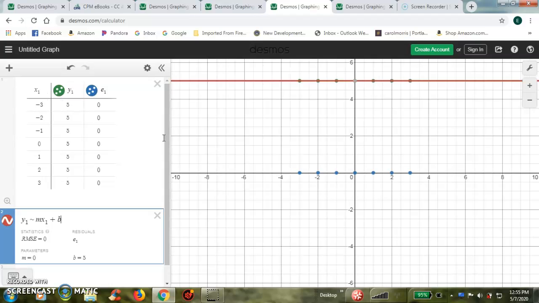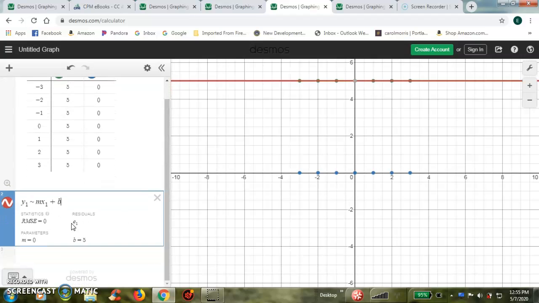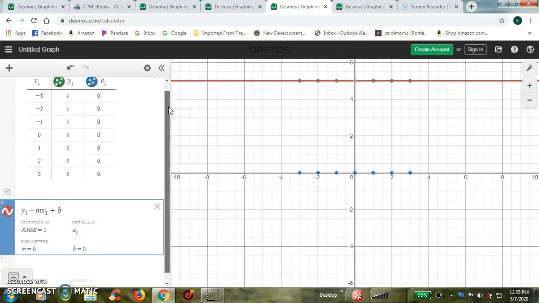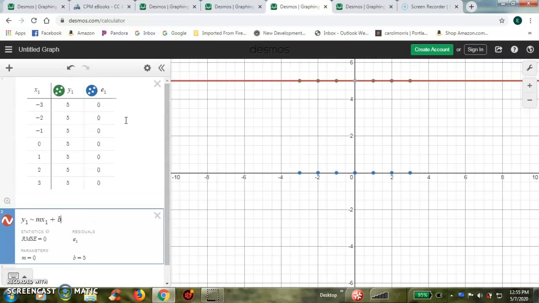What happens when we have a horizontal line is the correlation coefficient becomes 0. RMSE is a different term in statistics, which I'm not going to get into, but just consider now that the correlation coefficient here is 0.